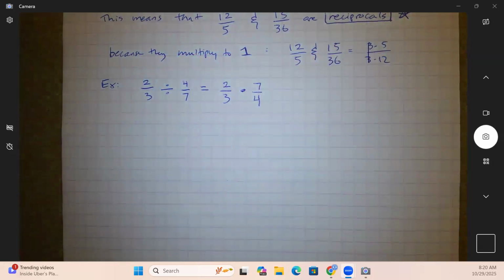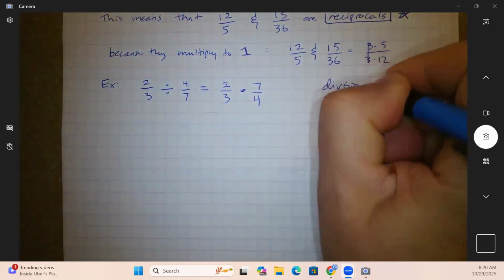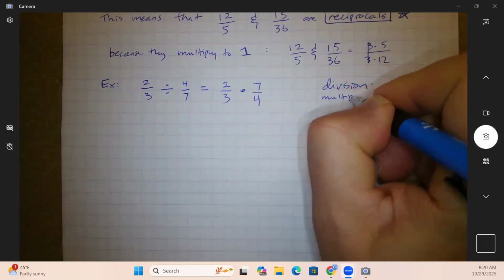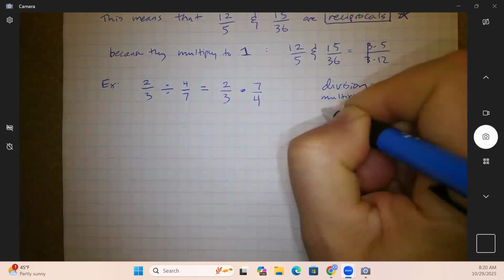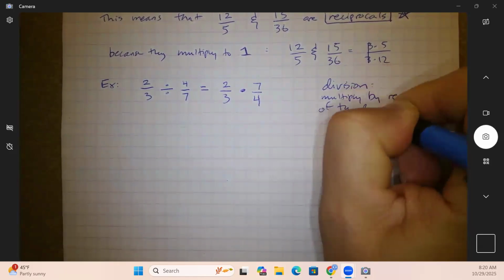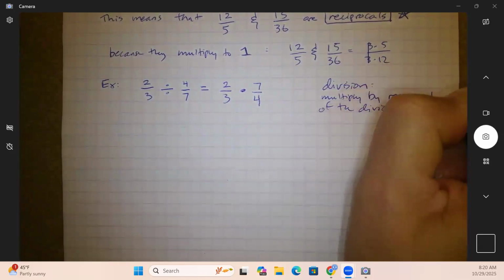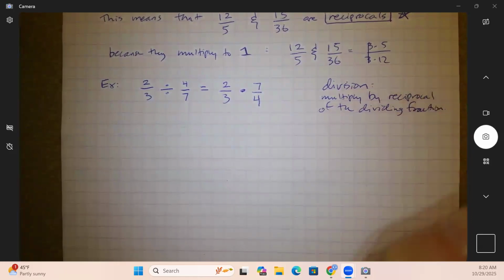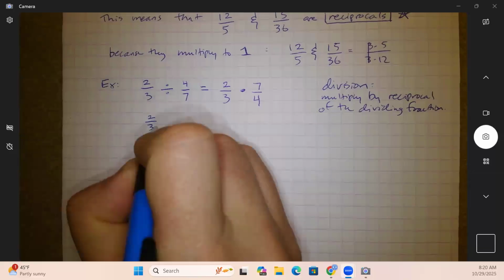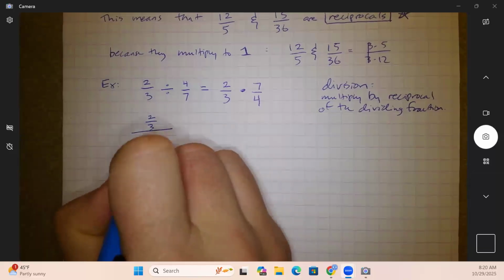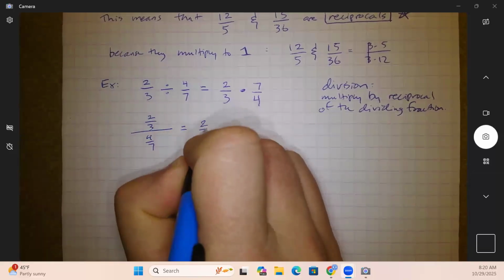When we want to do division, you multiply by the reciprocal of the dividing fraction. 2/3 divided by 4/7, and I can write it vertically also.